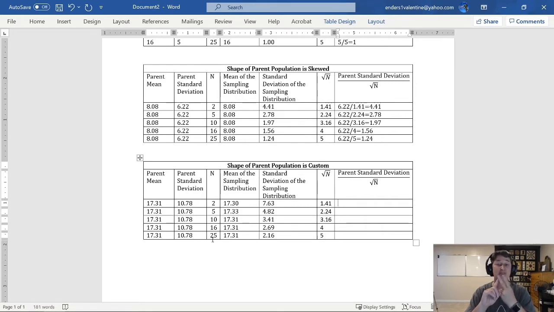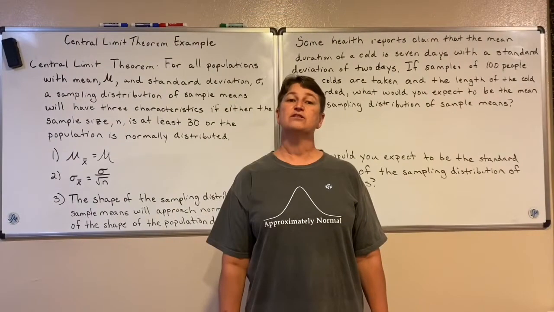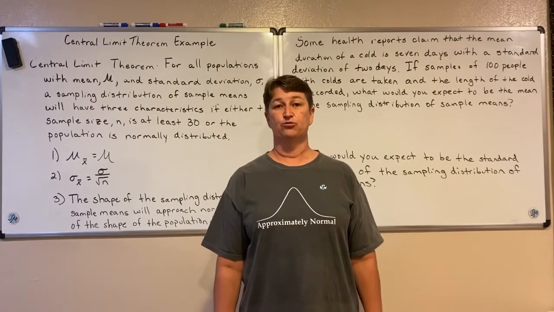The mean of that sampling distribution will be approximately the same as its parent, and the standard deviation of that sampling distribution will be the parent standard deviation divided by the square root of the sample size. Let's look at the central limit theorem and how we use it.